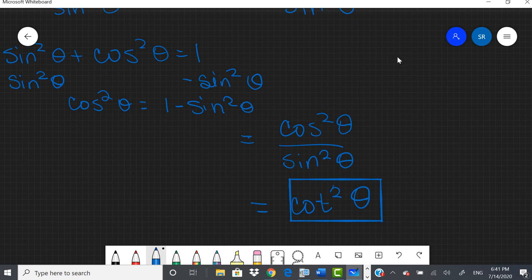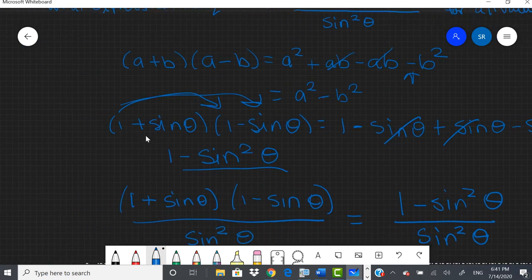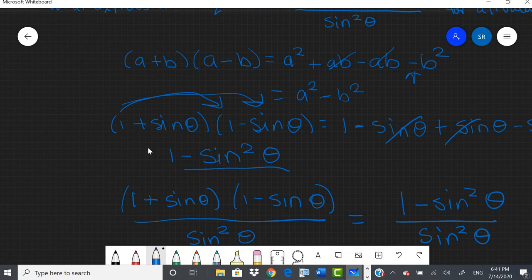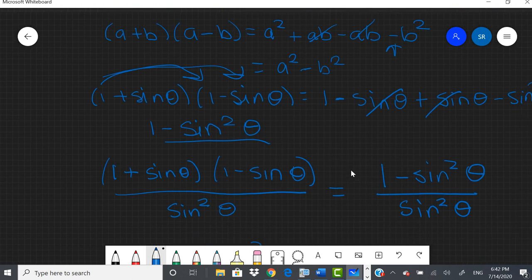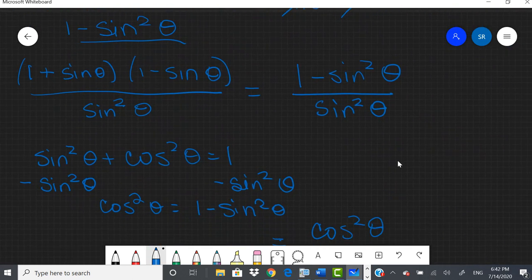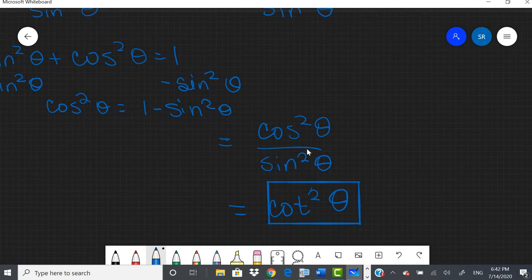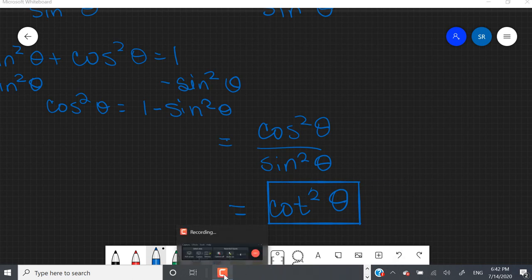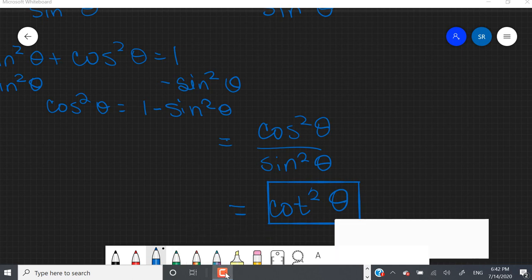These can be tricky, but if you start learning these little tricks, like when you see a plus and a minus of the same thing, that gives you 1 minus sine squared, and you use your identity there. Then cosine over sine is just cotangent squared. Hopefully this video is helpful, and I will see you guys in the next.